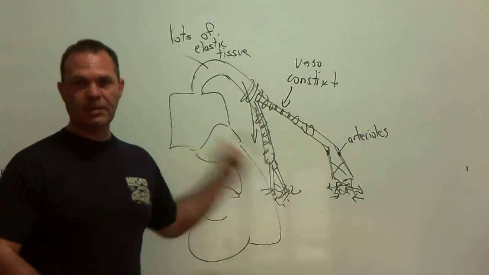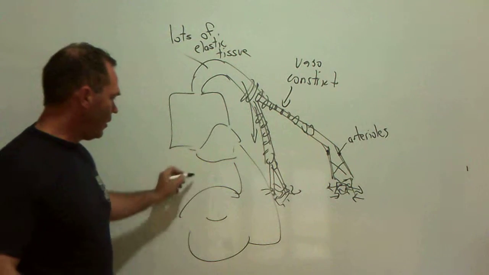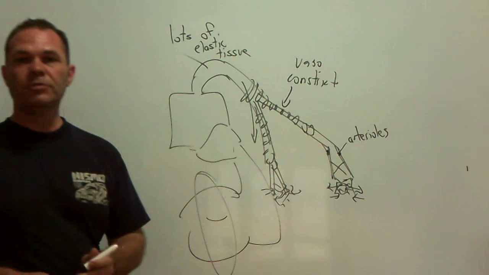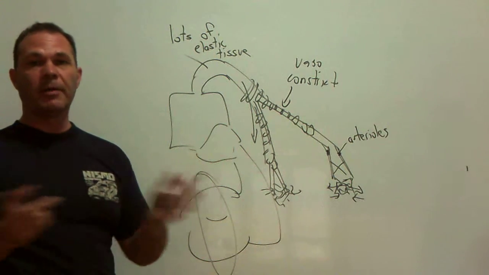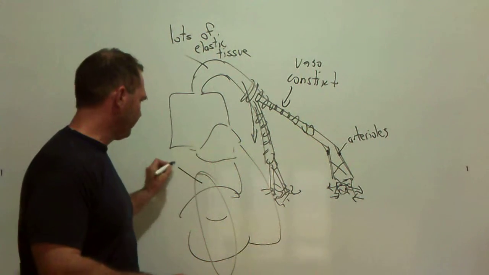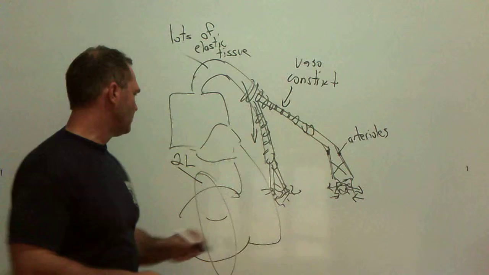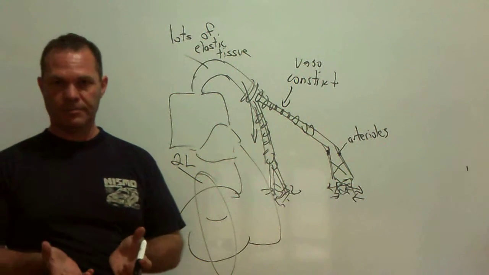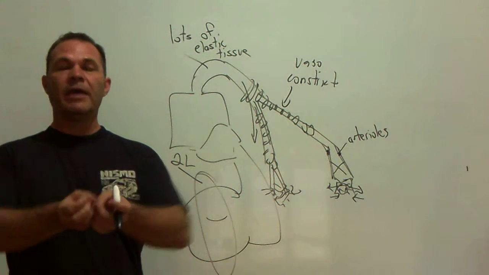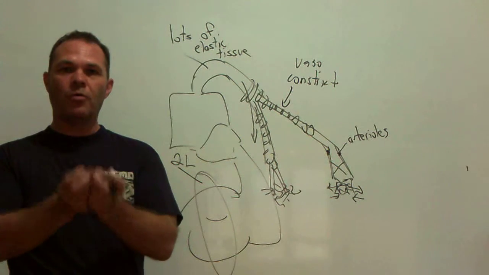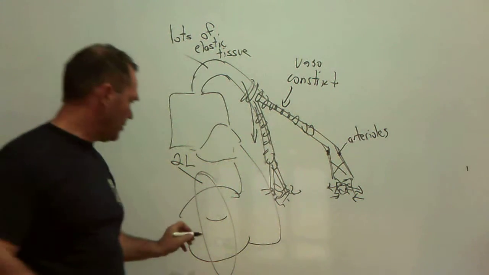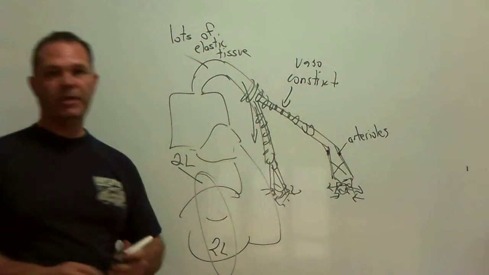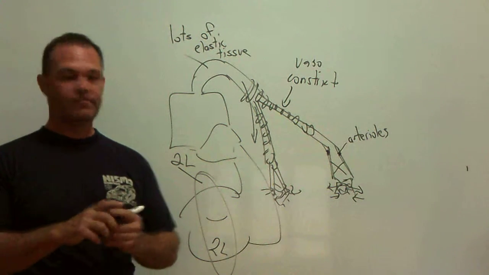Okay, here's somebody's arm. Now, to do an arm workout, namely to work the biceps, I'm going to need 2 liters of fluid. The problem is that if I can't control the blood flow to the arm, it also means that I'm going to need 2 liters of fluid here.